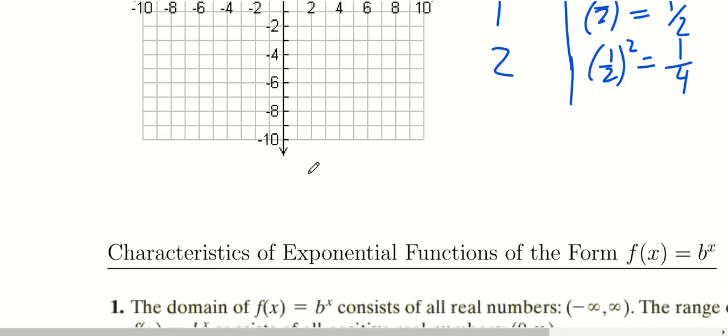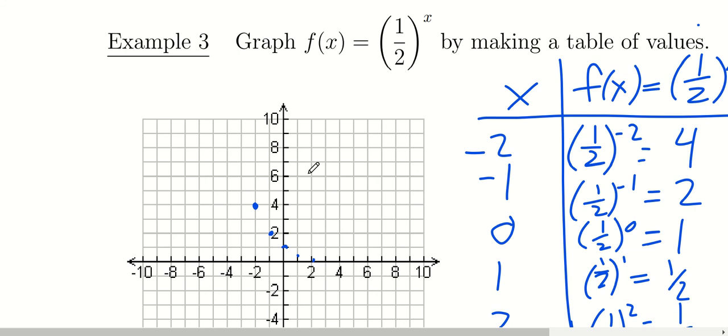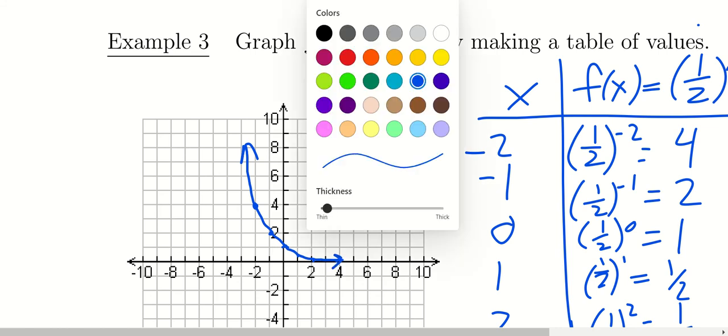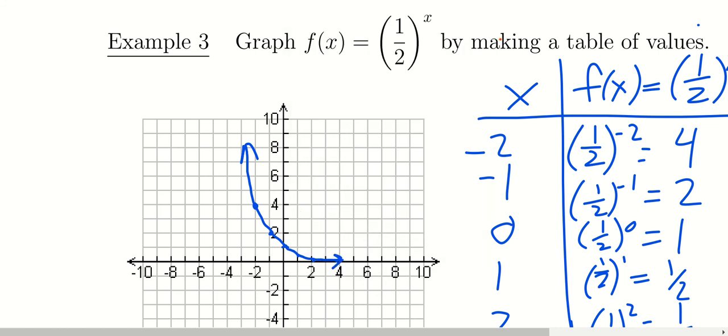This time, as we go towards negative infinity, the function is going to rise rapidly and approach positive infinity. And as x approaches positive infinity, these function values are going to approach 0. So once again, we do see that this graph also is going to have a horizontal asymptote at y equals 0.